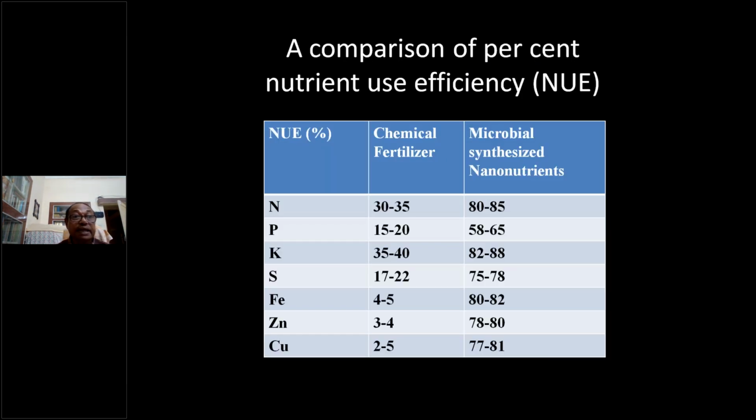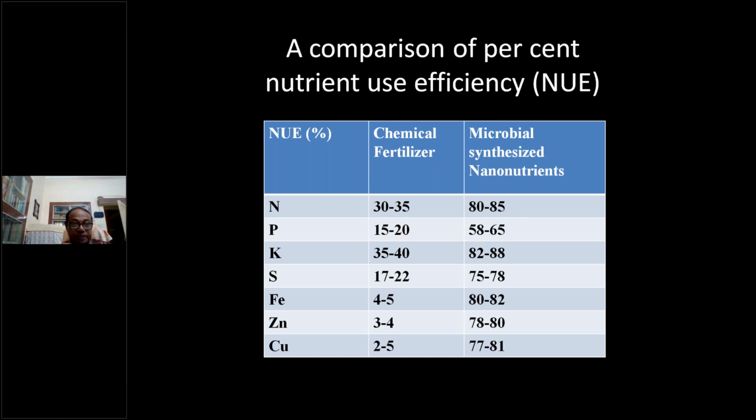So if you compare the nutrient use efficiency, in case of chemical fertilizer, our main problem with nutrient use efficiency is that most of the nutrients are lost, either by adsorption, leaching, or volatilization. Now look here: nitrogen use efficiency is 30 to 35%, whereas with microbially synthesized nanonutrients, it is enhancing to 80 to 85%.